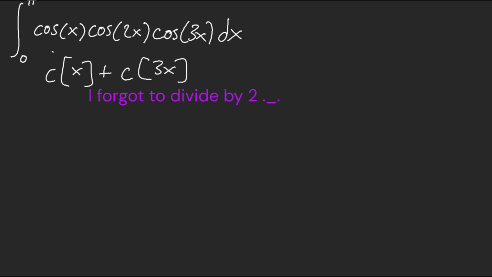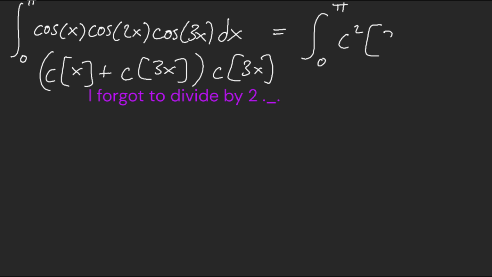And this is plus cosine of 3x. And you notice that we have cosine 3x here. So we do have cosine 3x. We do have squares. Okay, this term and this term are different, so they're going to cancel each other out. So what we pretty much have is cosine square 3x.